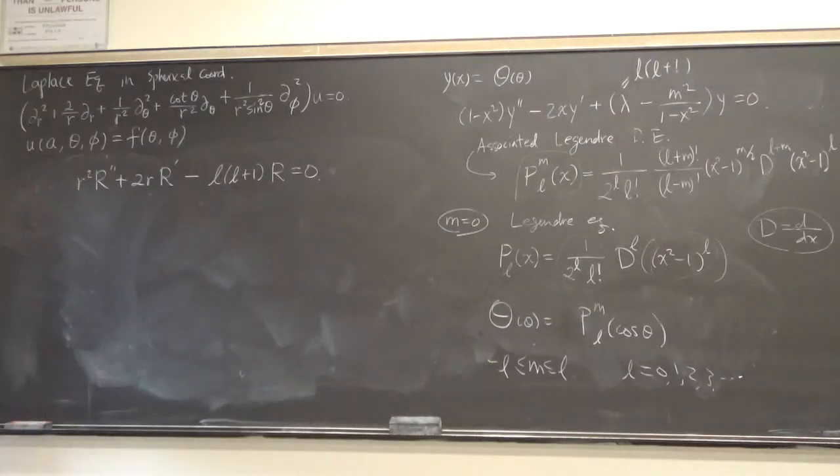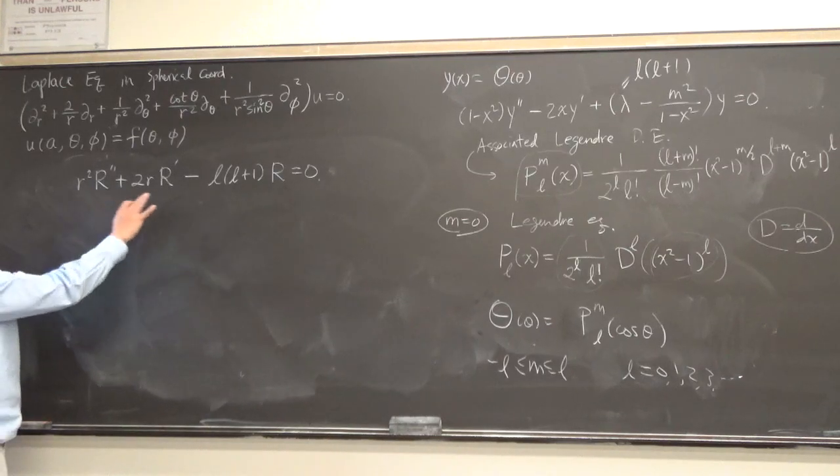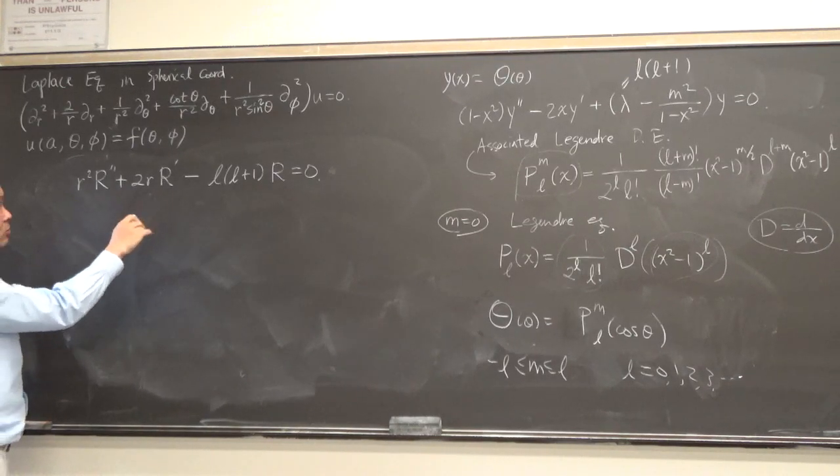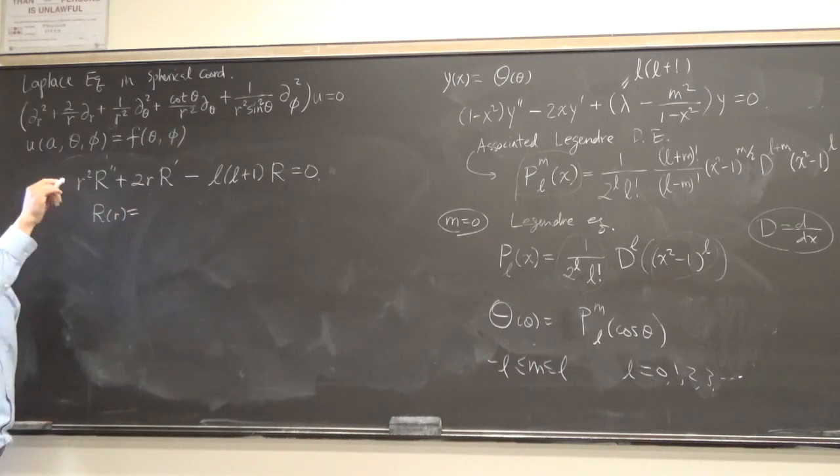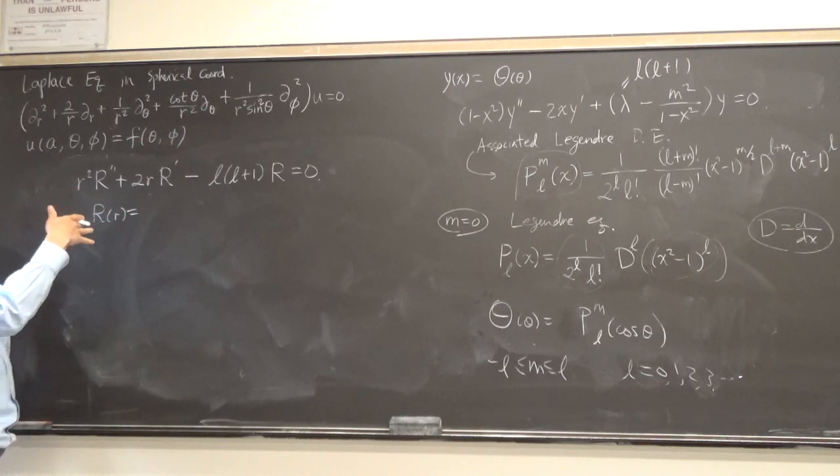It must be this one. And now, seeing that this is an Euler-Cauchy equation, what does the solution R of r look like?